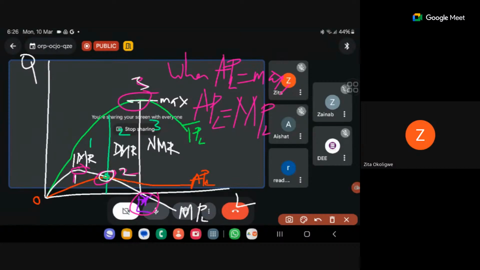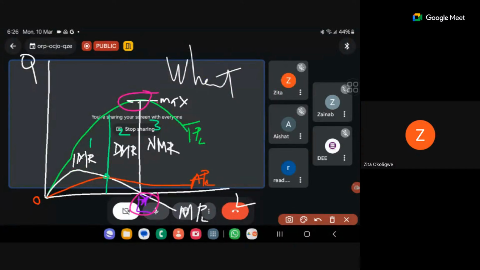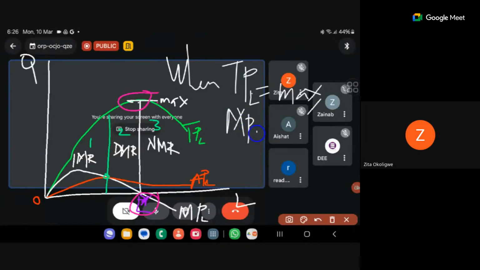Then what happens to TP when MP is negative? You can say when total product reaches maximum, marginal product of labor will be zero.